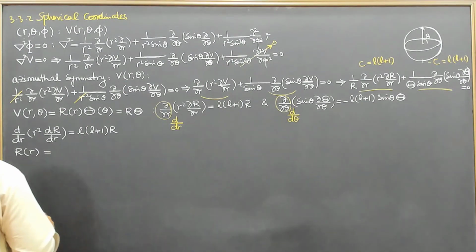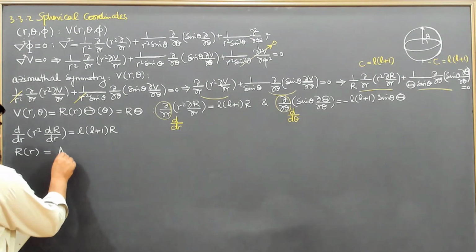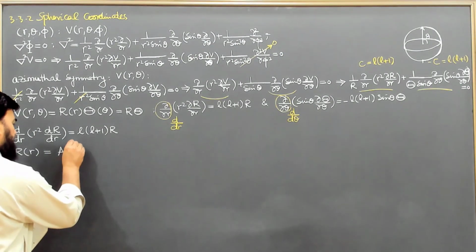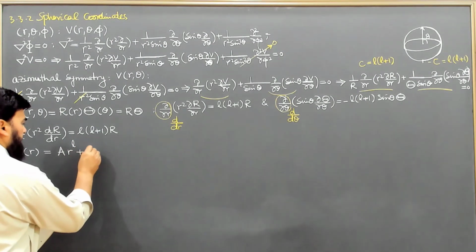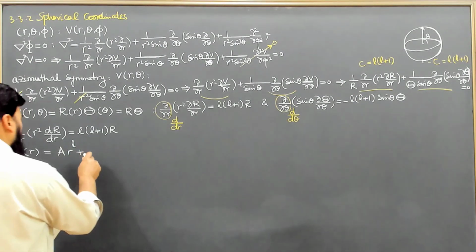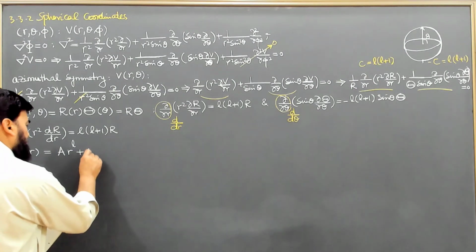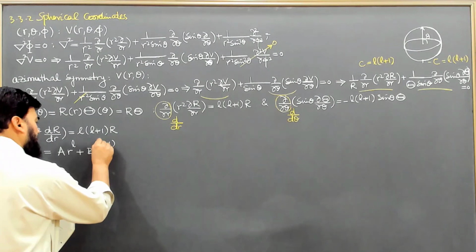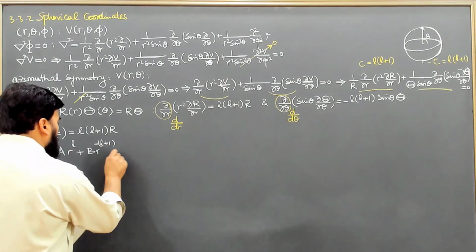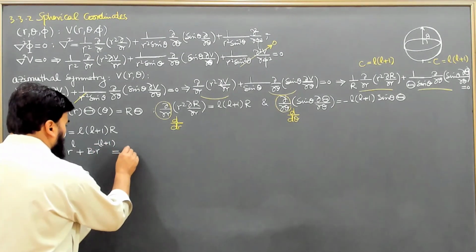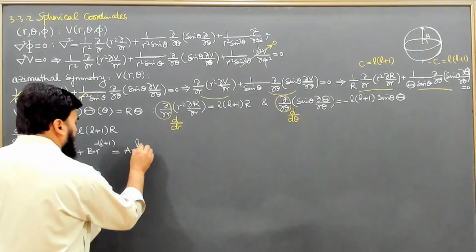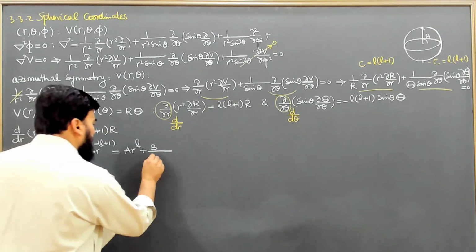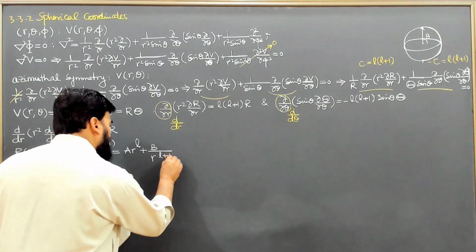So R of r is equal to a constant, usually we put a constant and then the variable r, with power L, plus b times r to the power minus (L plus 1). Sometimes we write it in this form as well: A r to the power L plus B, another undetermined constant, over r to the power L plus 1.